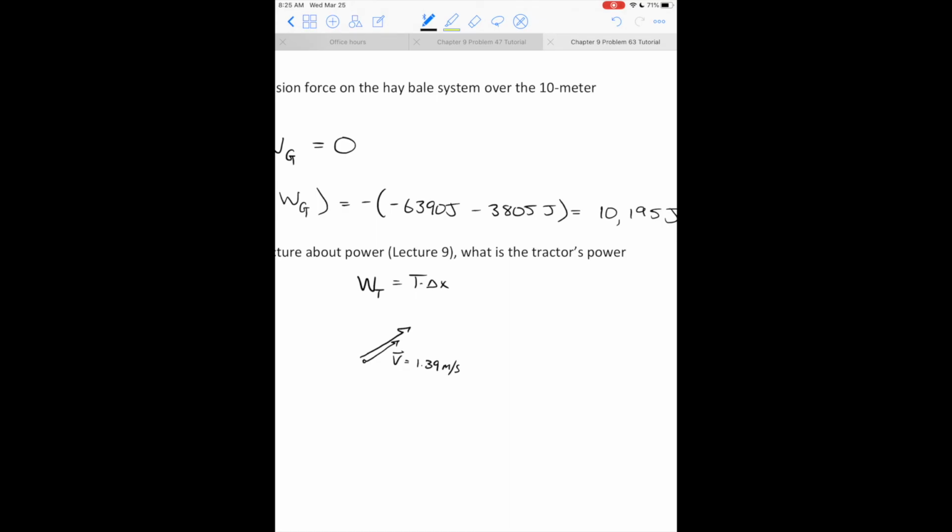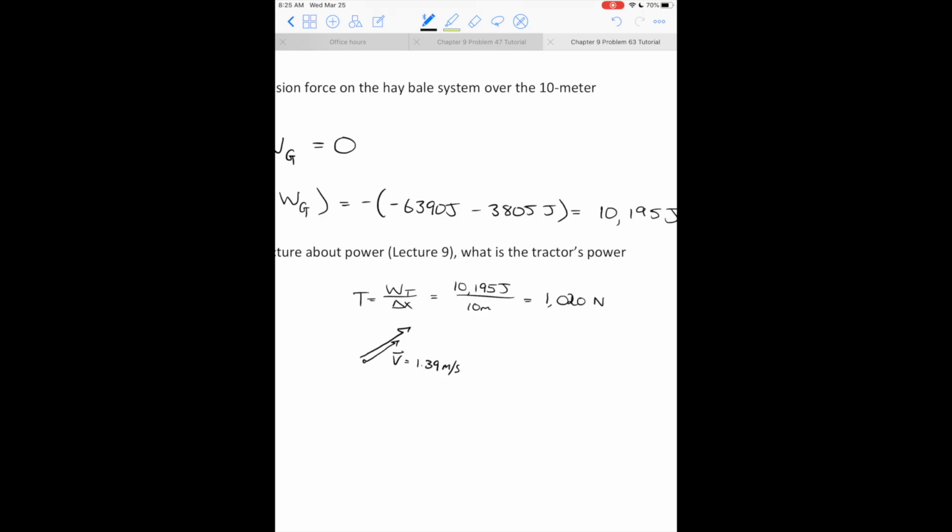So if I want to actually find tension, what I can say is that tension is equal to the work done by tension over the displacement. So 10,195 joules over 10 meters should give me the tension force of 1,019. Let's just round it to 1,020 newtons. I think that's going to be easier.